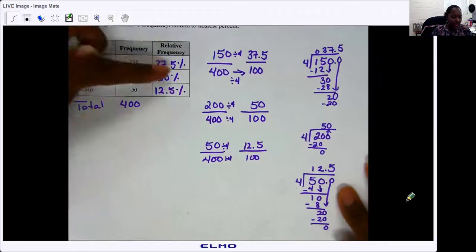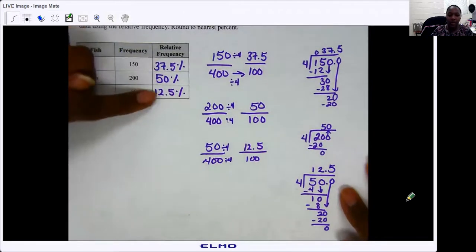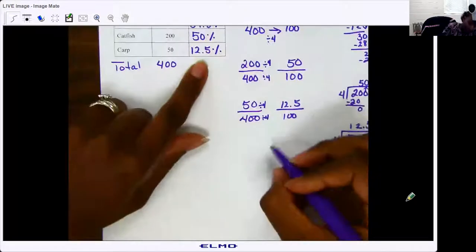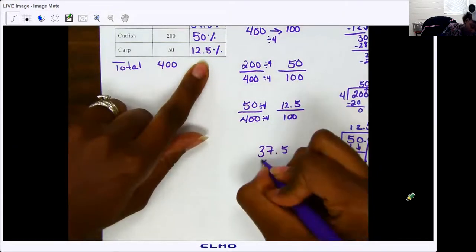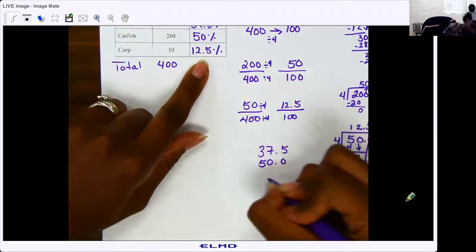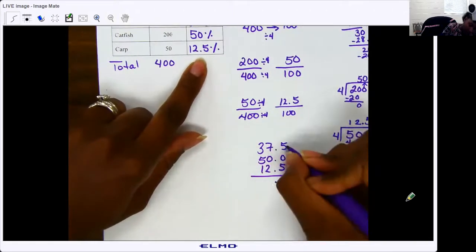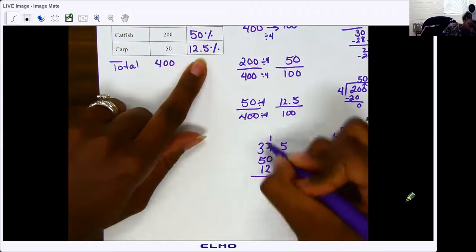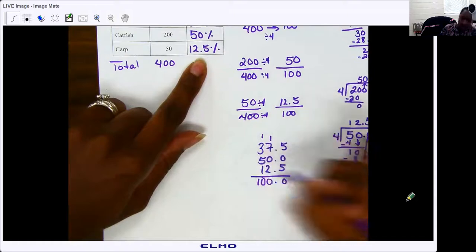Now it makes sense that we have another decimal because remember, all of this is supposed to add up to 100%, okay? And if we do that, let's make sure. So we have 37.5, we have 50, and we have 12.5. We have 100.